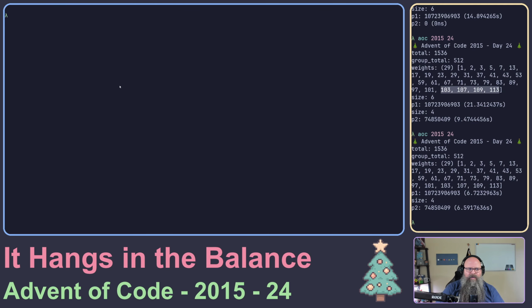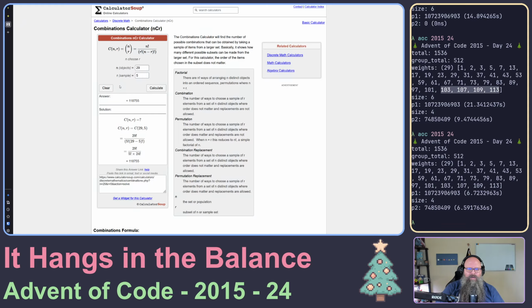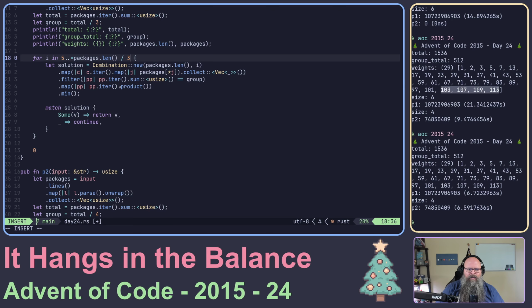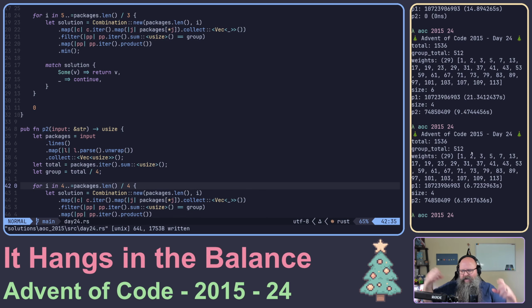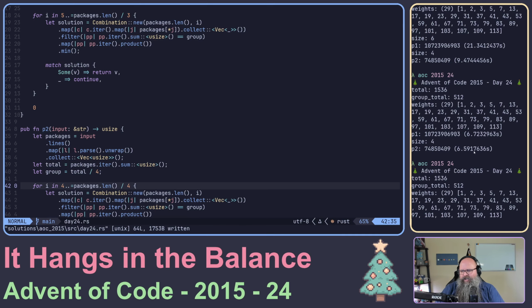Right? And then this one would be packages.len divided by 4. And I think that still solves it, but now you've reduced the scope as far as you can.